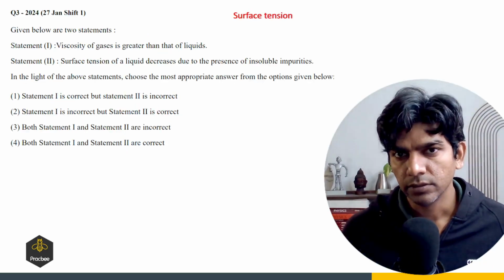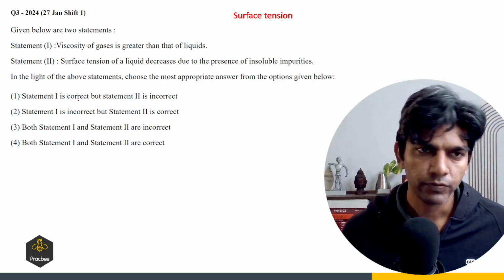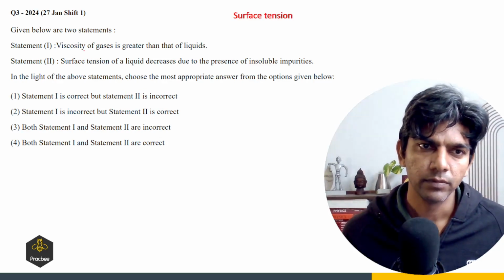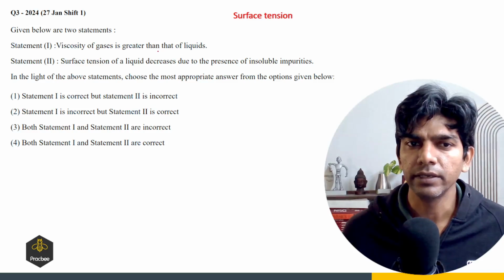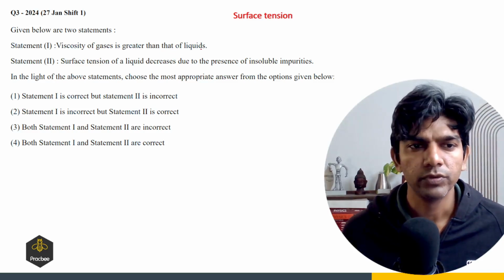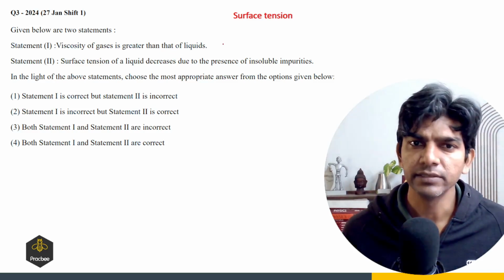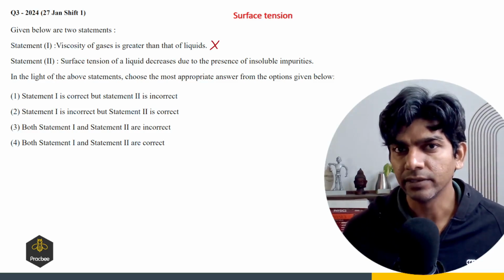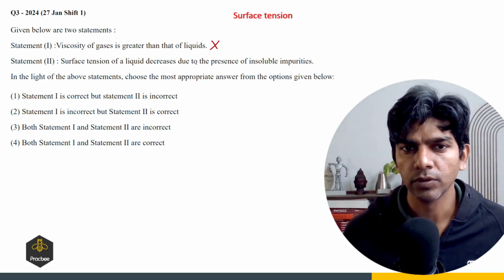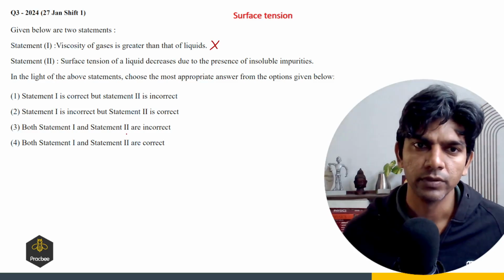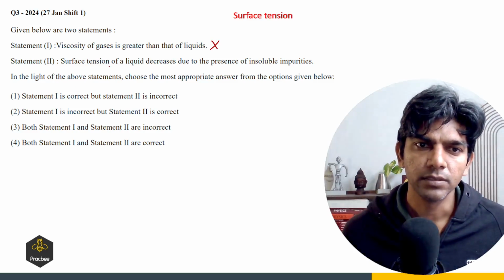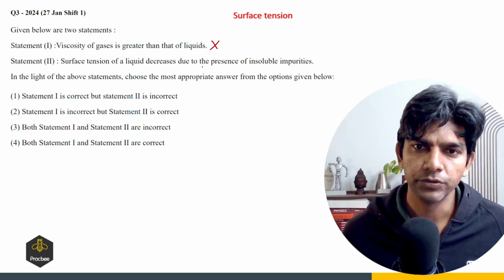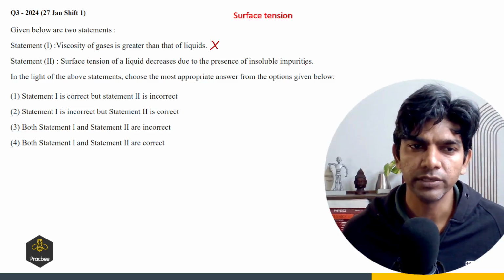Right, so now let us see the next problem type based on surface tension. Statement 1, viscosity of gases is greater than that of the fluid. That is incorrect. Viscosity of solid is greater than the viscosity of liquid, which is greater than the viscosity of gas. Statement 2, surface tension of liquid decreases due to the presence of insoluble impurities.